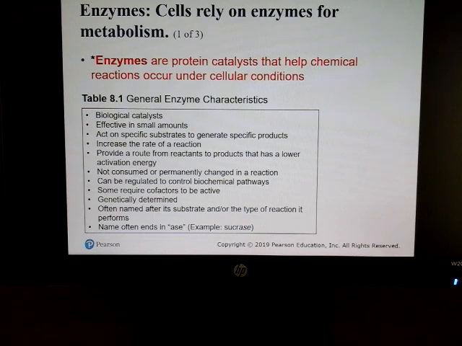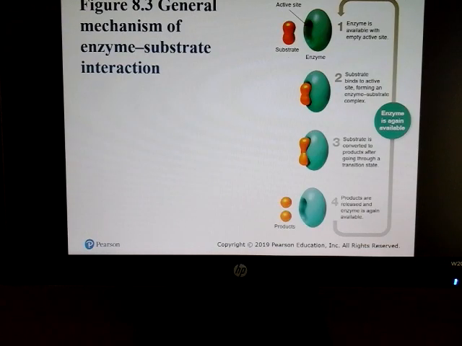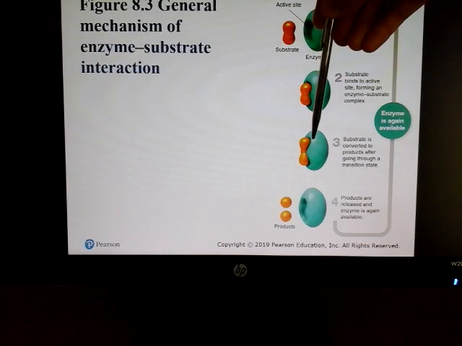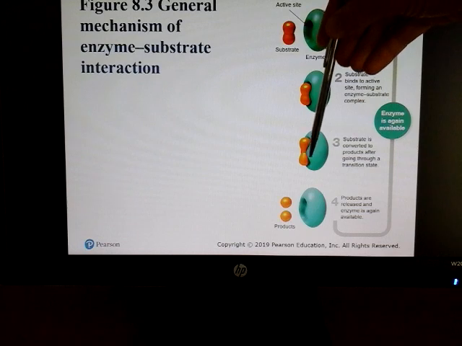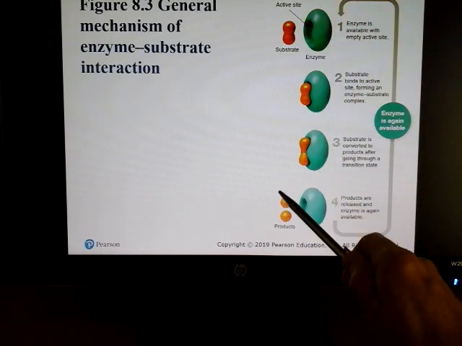So enzymes are important, and they are protein catalysts that help reactions occur under cellular conditions. So they will actually speed up a reaction. And these are just some general characteristics then of enzymes that we have. So basically what will happen is a substrate will bind to the active site of an enzyme, and then the enzyme will react or work on that substrate, and in this case you'll get two products at the end.